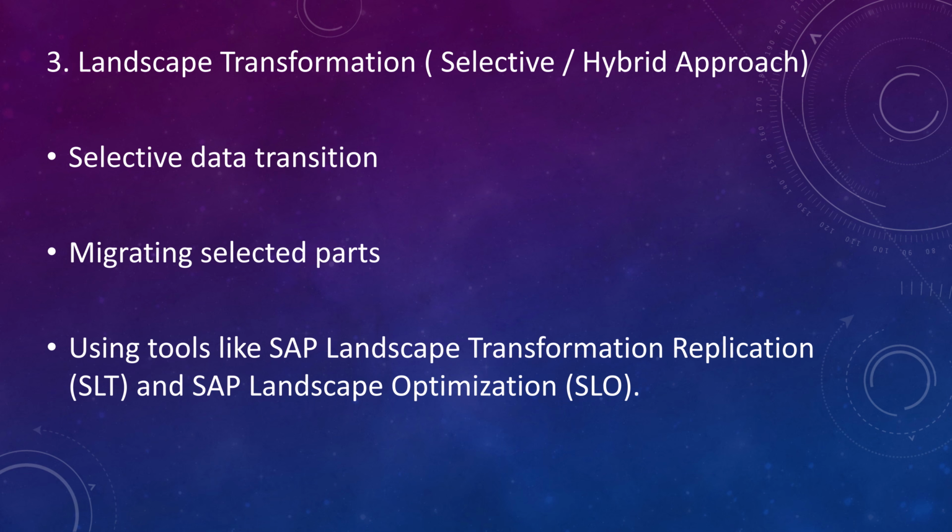This approach is useful when you have multiple SAP systems and want to merge them into one, or you want to move only certain business units to S4HANA. The main tools used for this approach are SAP Landscape Transformation Replication, SAP Landscape Optimization. This method offers more flexibility and allows businesses to move to S4HANA in phases instead of all at once.